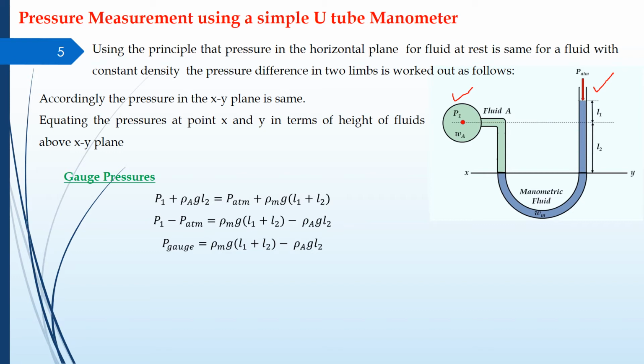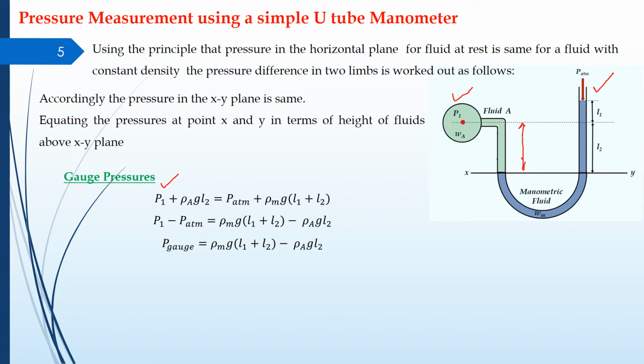Why am I saying that we are measuring the gauge pressure? Let us see. We will first analyze this manometer. The pressure acting over here is written as P1, plus the pressure due to this liquid column. This liquid column will also have some pressure, given by the formula rho g h.